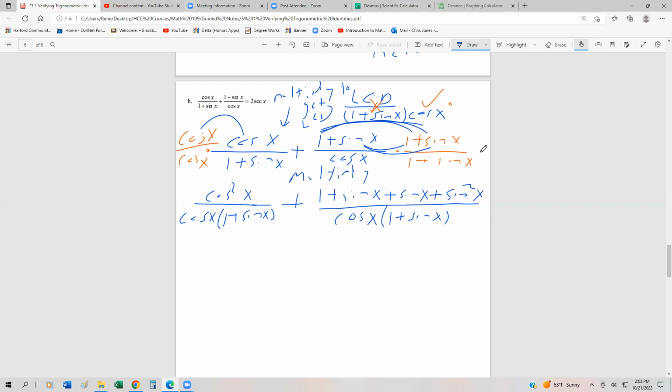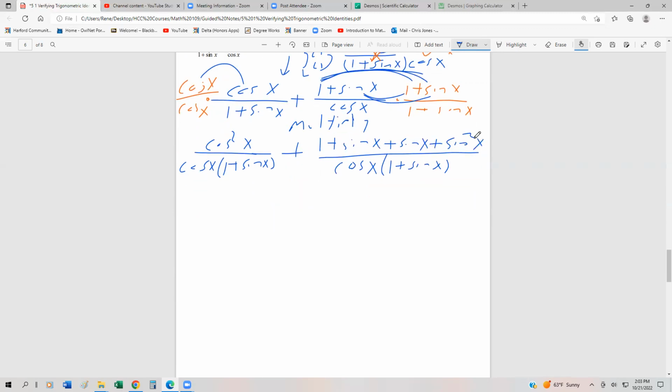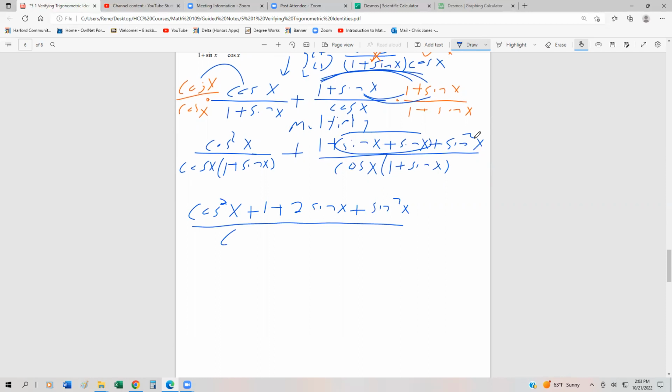Now, what we can do is combine these into one big fraction. Because we have common denominators, we now have cos square of x plus 1 plus 2 sine of x. I want you to notice that sine plus sine is going to be 2 sines, and then we have a sine squared, divided by whatever our common denominator was, which was cos x 1 plus sine of x.